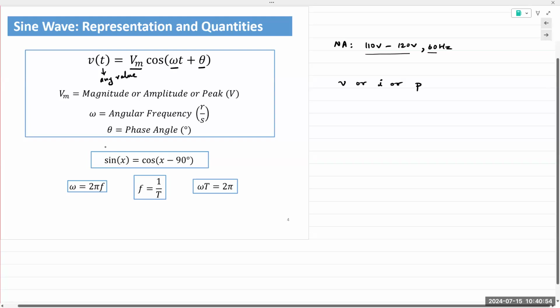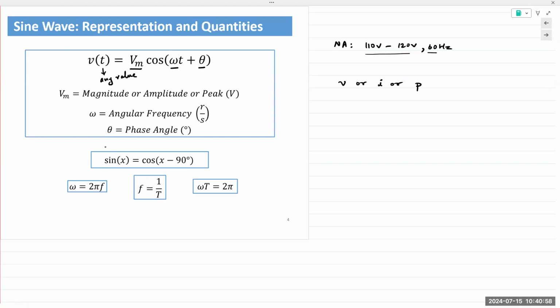Three quantities: Vm, omega, and theta. We'll look at each one of those individually in the next few slides. But this is the standard expression that we'll look at for the entire chapter, actually even going beyond this chapter. So this is the most important. And this is the point in time where I ask students if you can perform complex math on your own calculator devices.